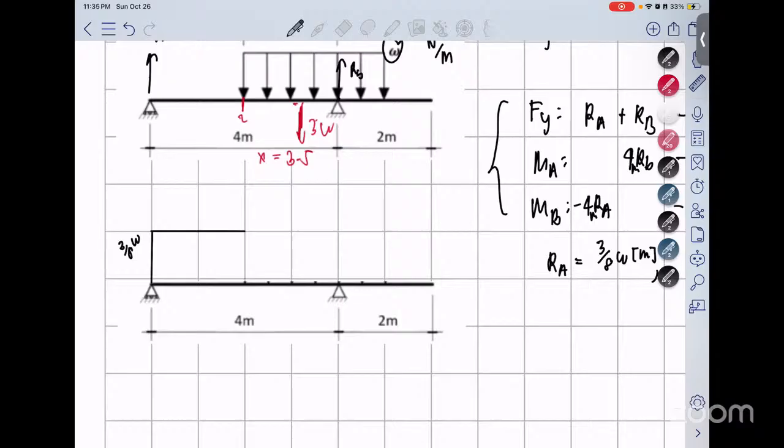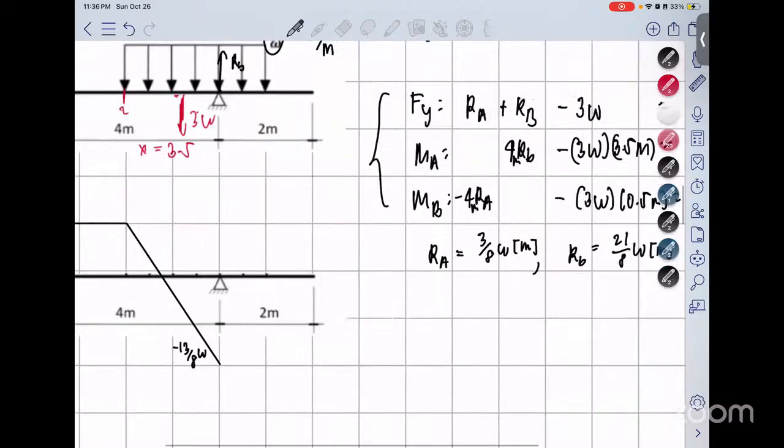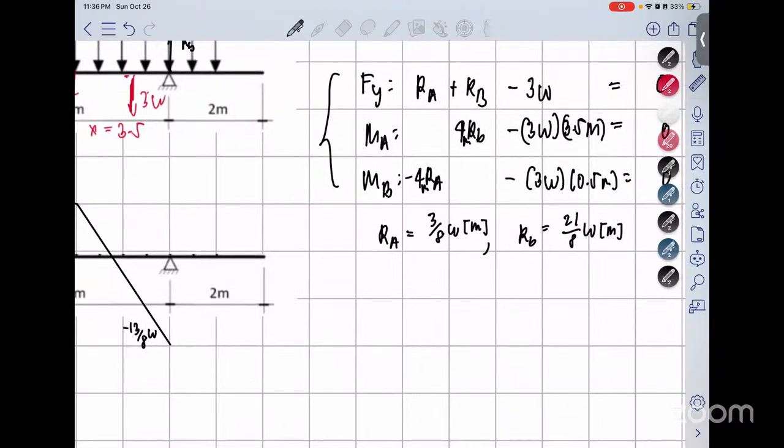3 over 8 minus 2. So that's -13 over 8 omega. So we go all the way down here. Okay, this is not to scale, obviously. And then, may point force tayo dito na 21/8 omega.